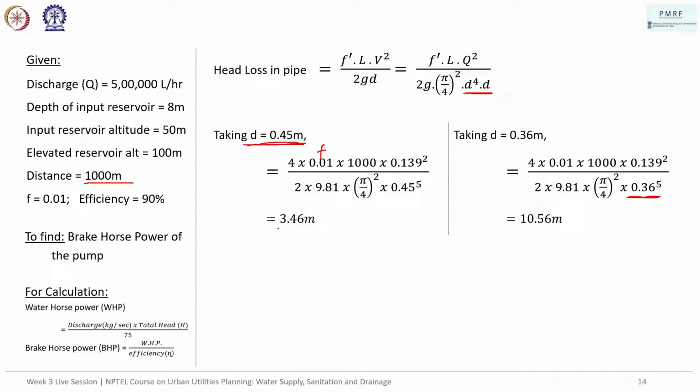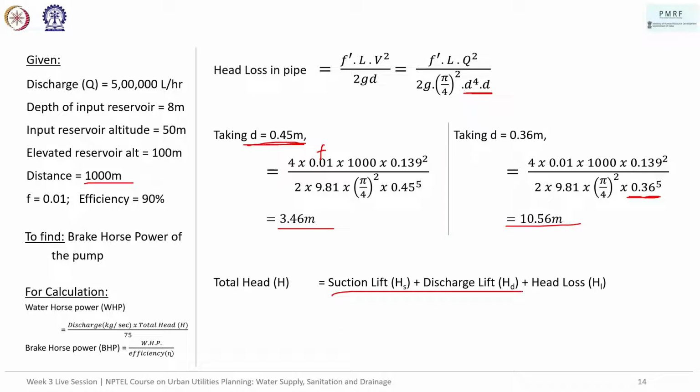So we get two different values for head loss. So now we calculate total head. We had already calculated the suction lift plus discharge lift to be 58. Plus now we are getting a head loss of either 3.46 meters or 10.56 meters, depending on the diameter of the pipe that we are using. So we get two values again.